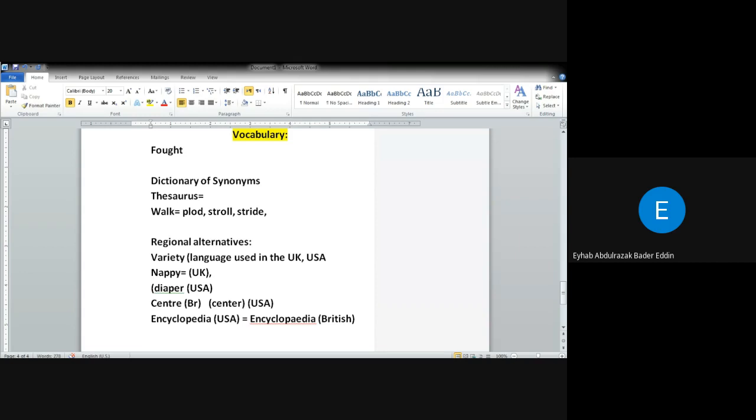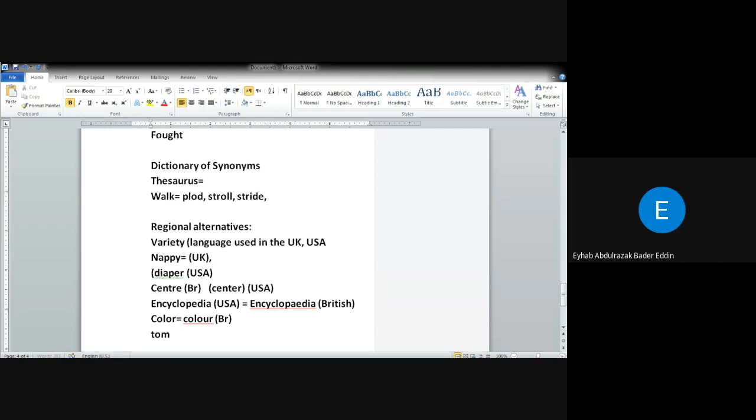Also in terms of pronunciation, the dictionary sometimes gives you both pronunciations, as some words in English are pronounced in two different ways. Now, for example, the word colour in British English is written color in American English. Right? You will see this in dictionaries too. This is not a big deal. But for example, how do you pronounce this word? Tomato.